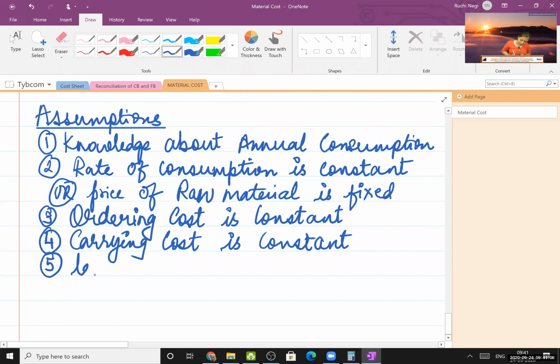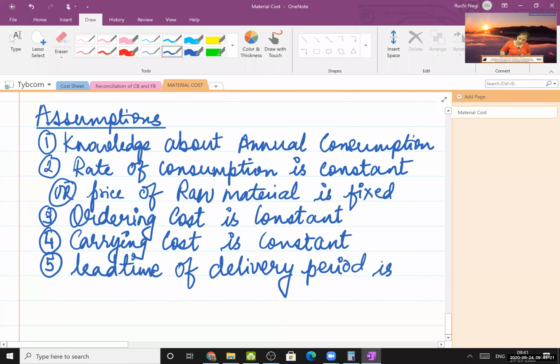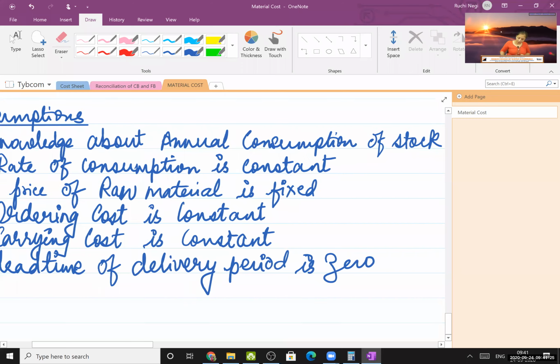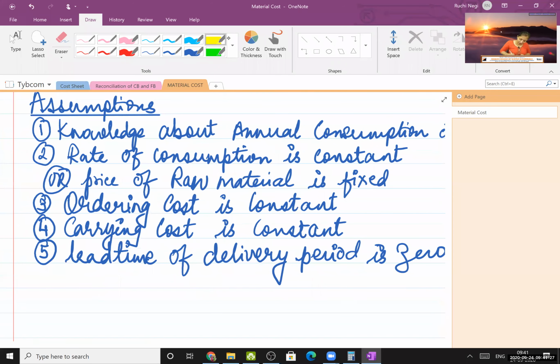Lead time of delivery of raw material is zero. मतलब there is no waiting time for raw material. Lead time means the waiting time.